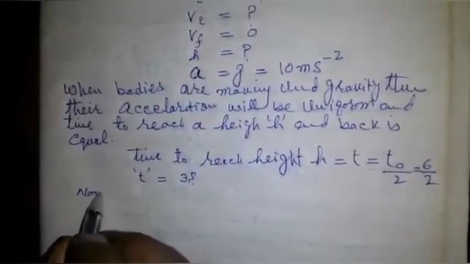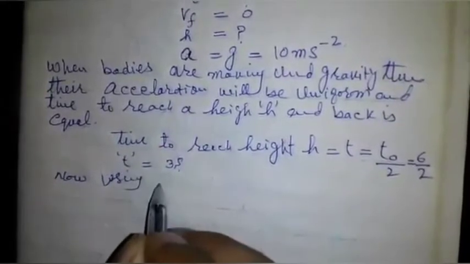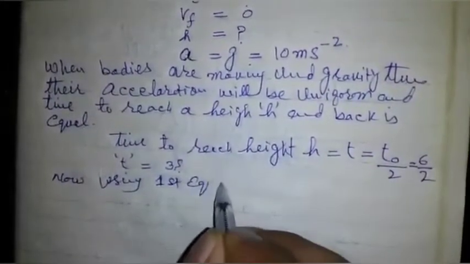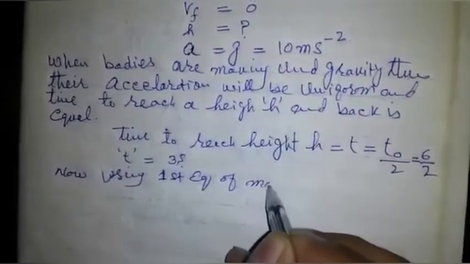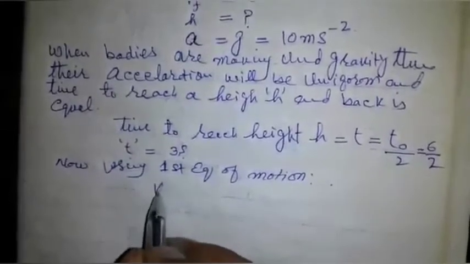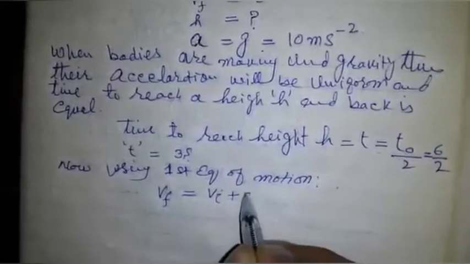Now using first equation of motion, Vf is equal to Vi plus at.